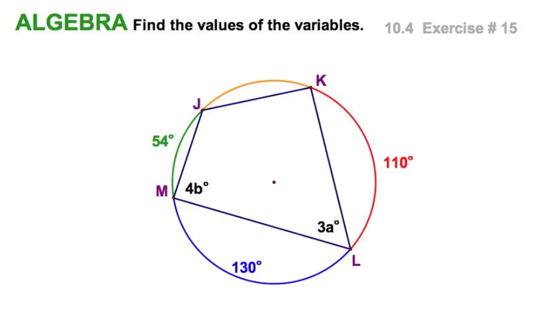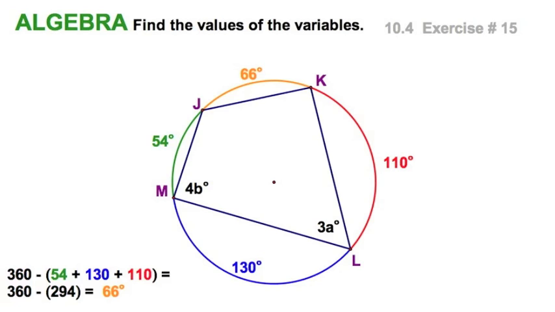Well, this exercise, number 15 in our homework, is really an algebra exercise. We need to solve for the variables, so we need an expression for angle M. We can see it intercepts the arc JKL, which would include the orange and the red arc. And notice the orange arc is missing, so we could do this one of two ways. Let's do the direct method. I'm just going to add these all up, green, blue, red, and take it away from 360. The orange arc is 66.